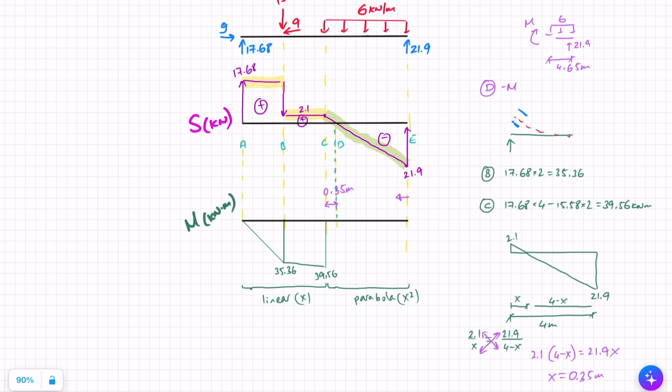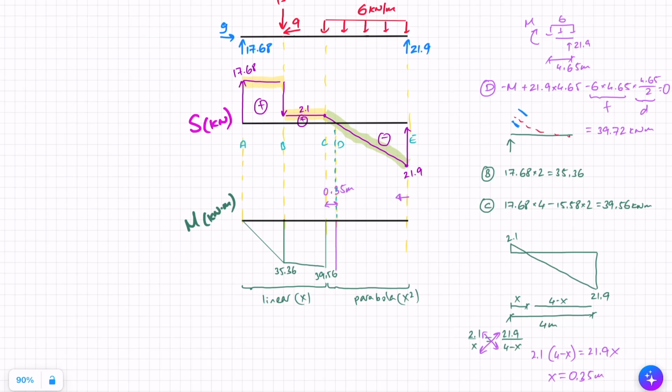So my moment, which is minus it according to this direction, plus 21.9 times 4.65, and minus 6 times 4.65, that gives me the force, and then times 4.65 divided by 2, that gives me the distance. And if I solve that, I get 39.72 kilonewton meters. So not a massive increase from the moment I had.